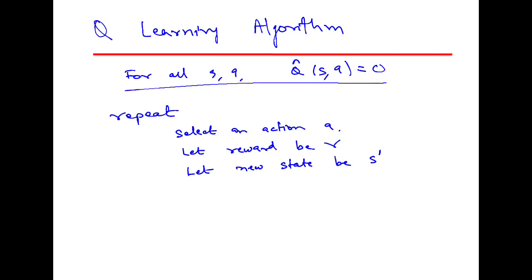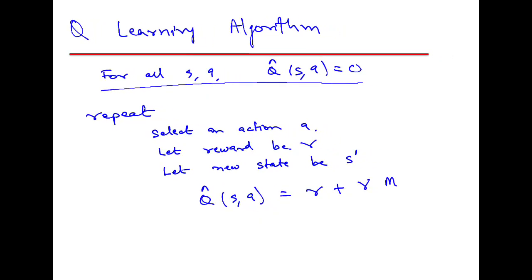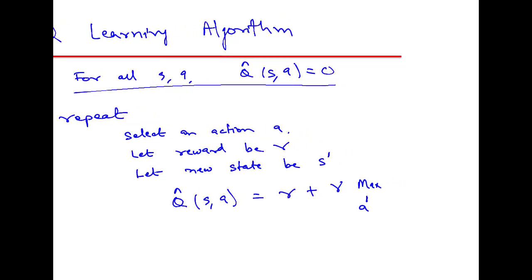Q hat(S, A) is the reward R plus gamma times max over A prime of Q hat(S prime, A prime). Until convergence.